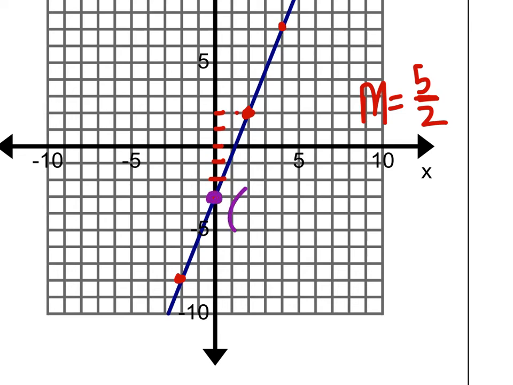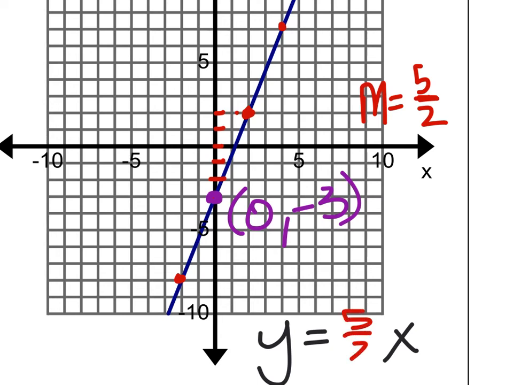This point right here, yep, 0, -3. So when I write the equation for this, I got y equals something x. What is the coefficient of x? 5/2. Yeah, 5/2, it's the slope. And then the y-intercept, -3. That's it. Excellent work on that.